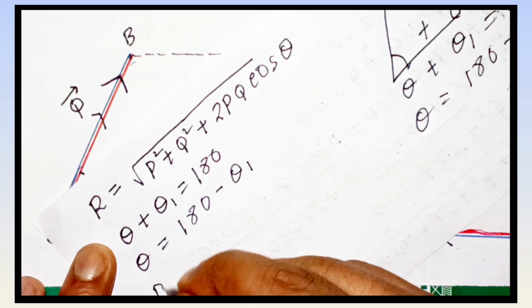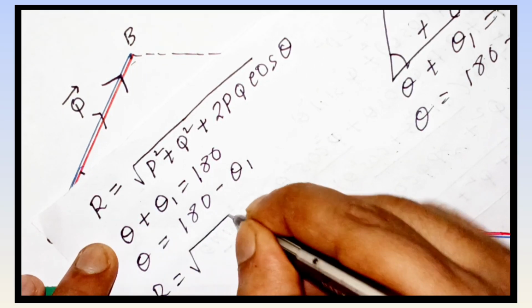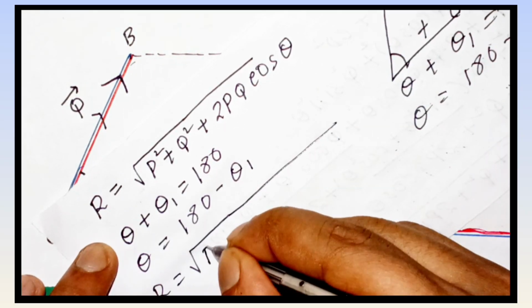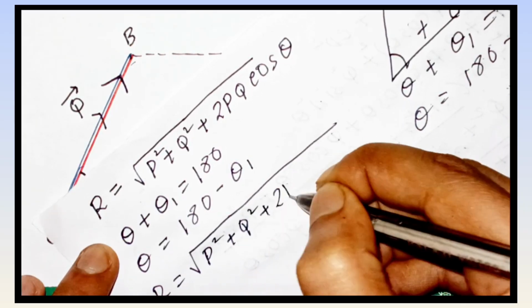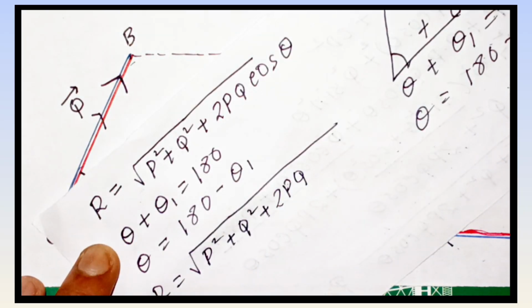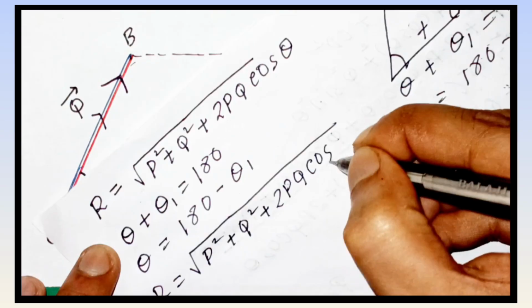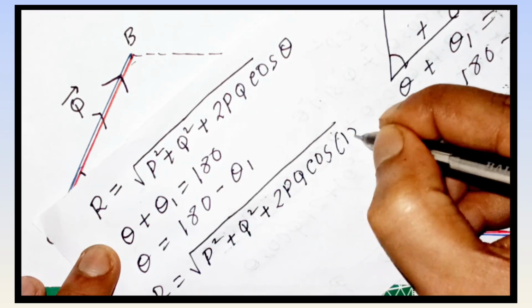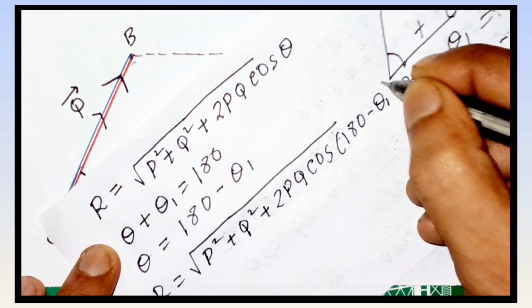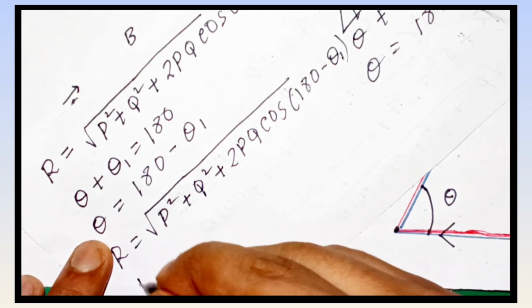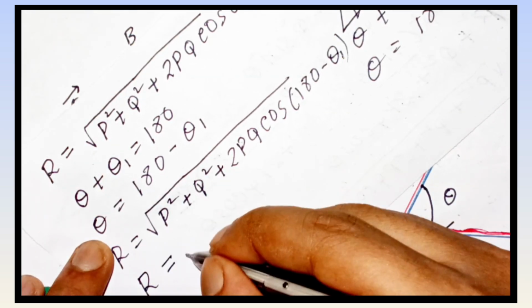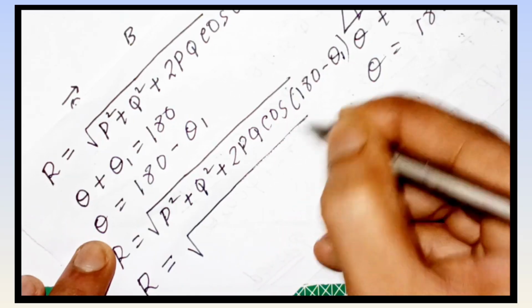Now putting the value of theta in the equation for R. So R equals P square plus Q square plus 2PQ cos of (180 minus theta 1). Just replace theta with 180 minus theta 1. And we know that cos of 180 minus something is minus cos.